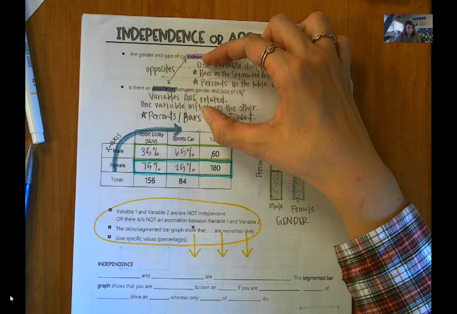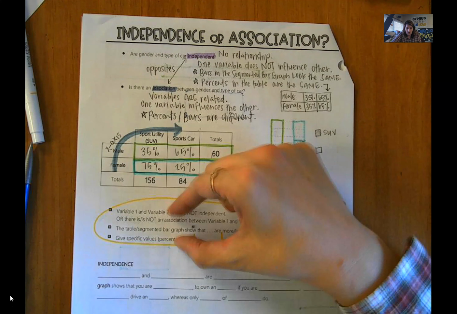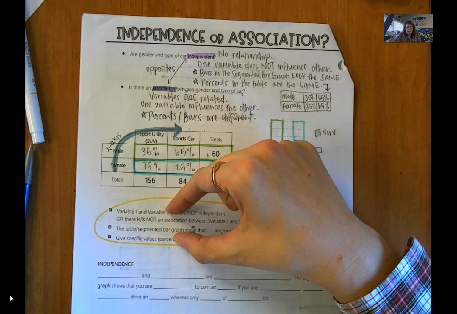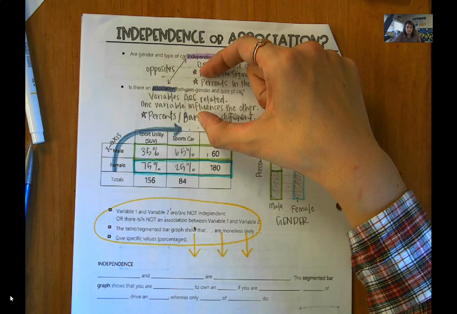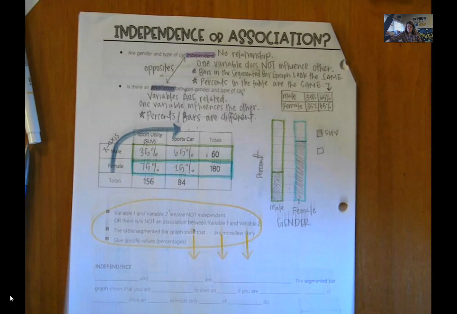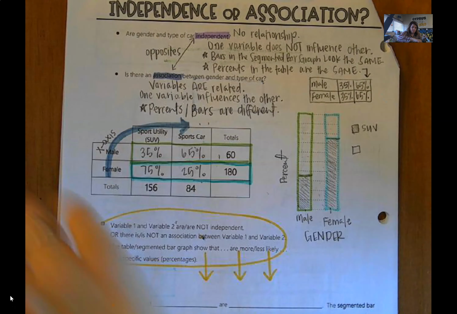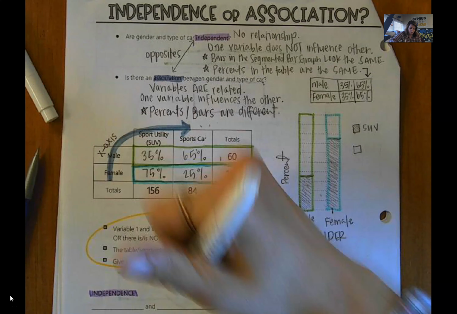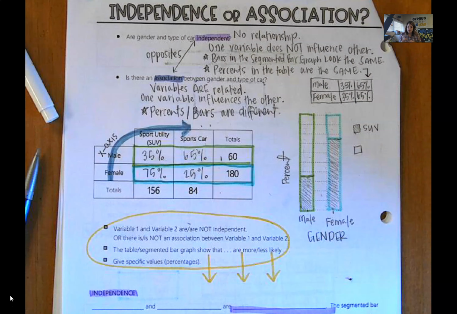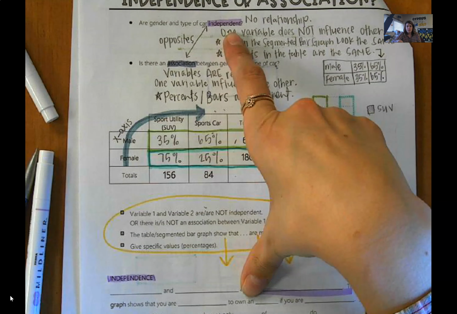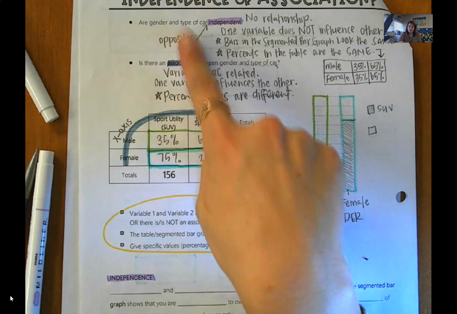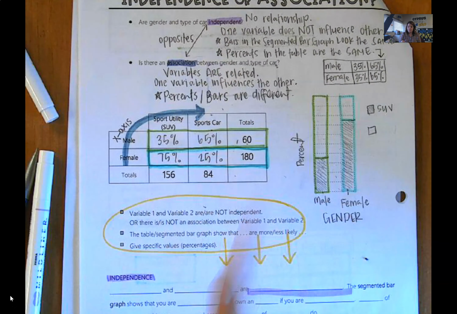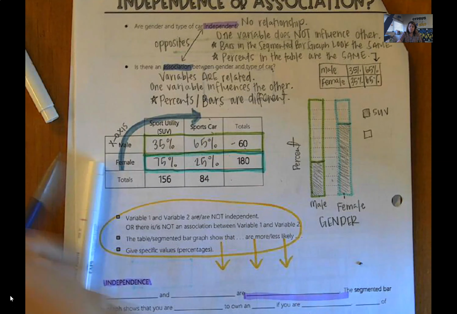So I'm going to show you how you would respond. This first one is how you would respond to are gender and type of car independent. That's why these are highlighted in the same purple color. So if the question is, are gender and type of car independent, this is how you would respond.